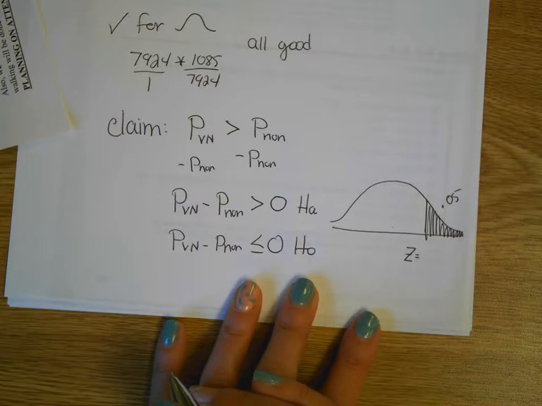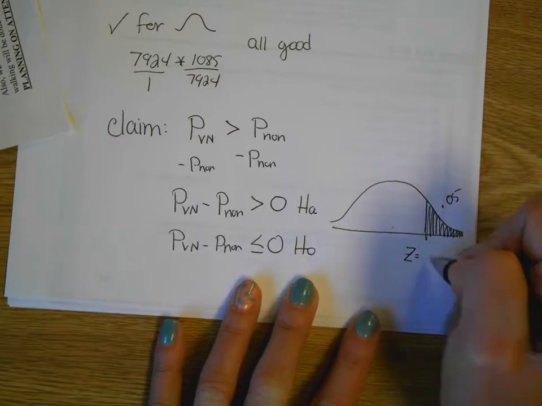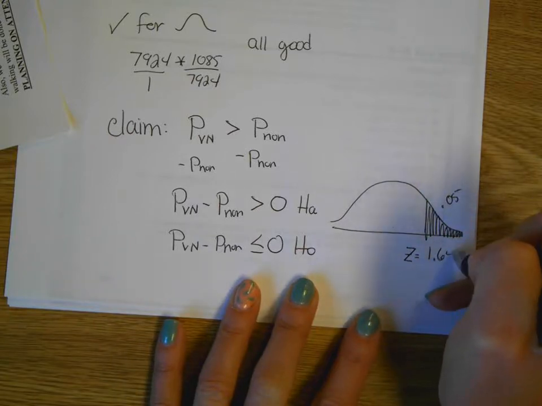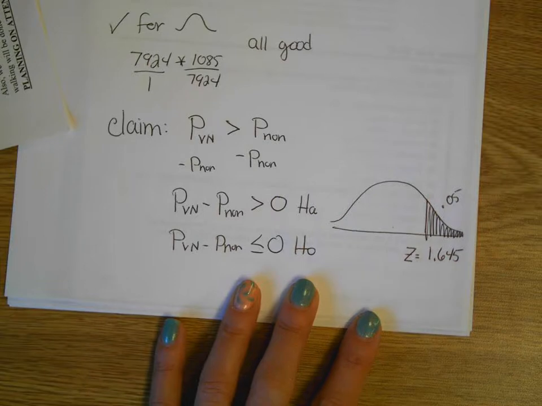I don't have that written down, unless somebody fed me the wrong answer last year. Negative 1.645. How about positive 1.645? Plus or minus 1.645. So I'm on the positive side.